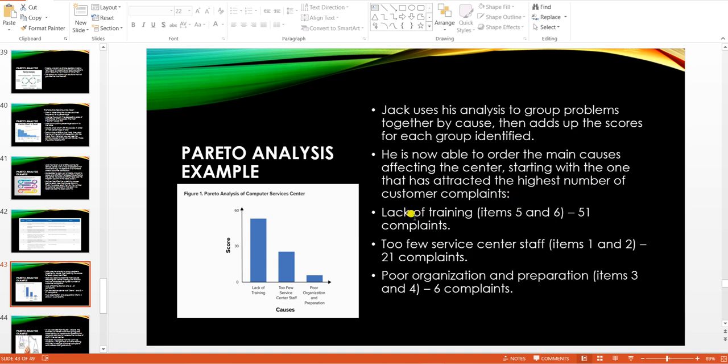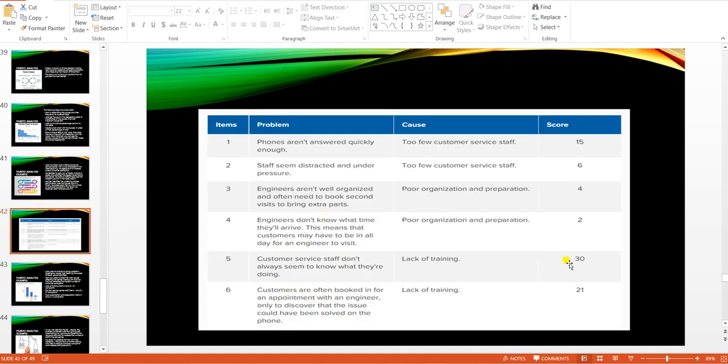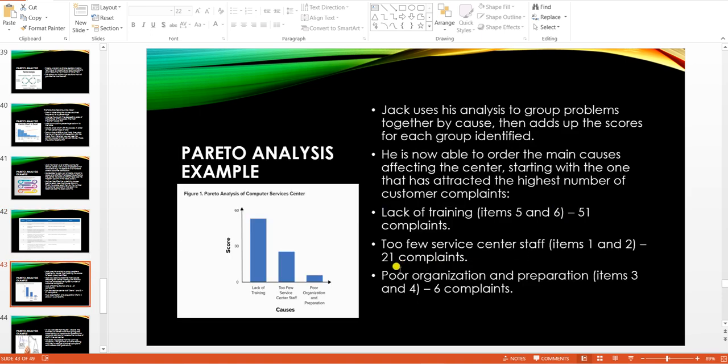So in terms of lack of training, items 5 and 4, we've got about 51 complaints. Remember, in terms of how he managed to get to 51, he added these two. It gave him 51. And also too few service center staff, items 1 and 2, got 21 complaints.